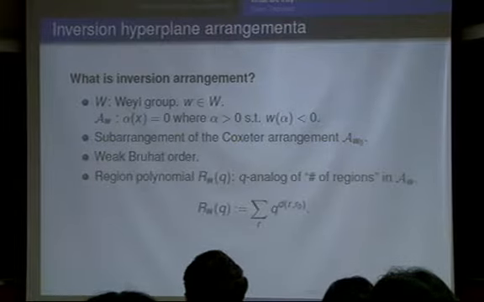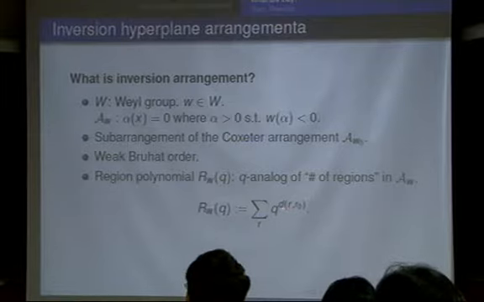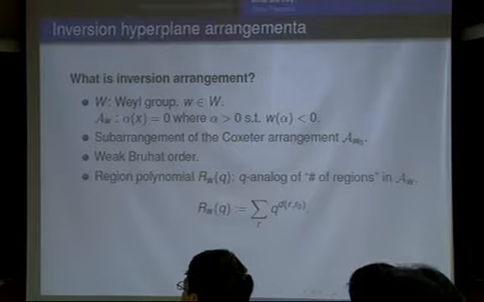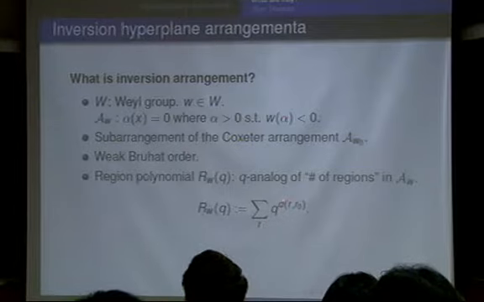Okay, and the region polynomial is just the q-analog of the number of regions. I'll explain this. So we fix one region, R0. And d_R0(R) means the number of hyperplanes we have to cross to go from R0 to another region R. We sum up q to the d, this distance, over all the regions.